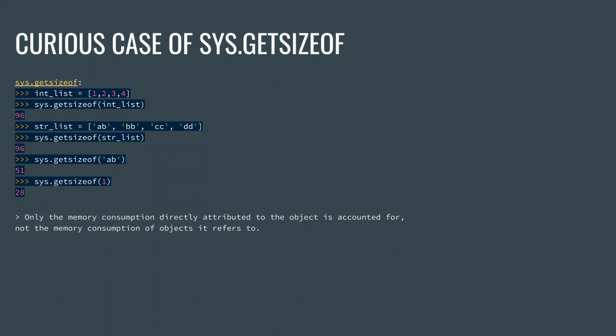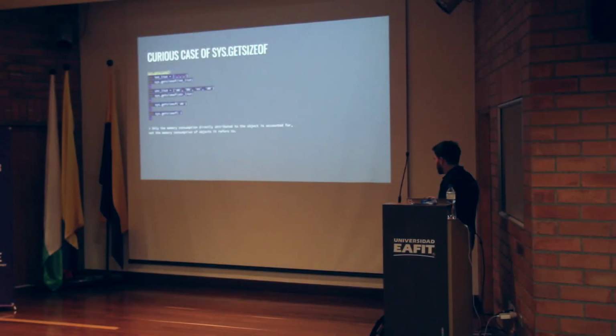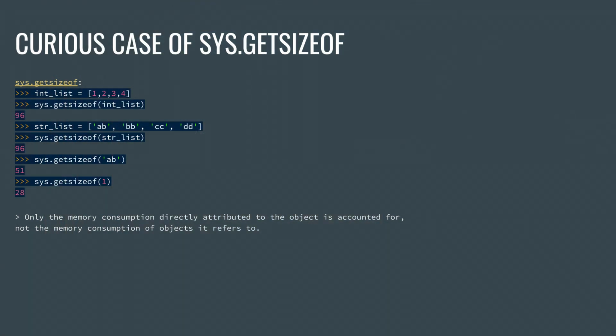It only contains pointers to those objects. So when you look at the list, you see only a list of pointers to different objects, and every pointer has the same size. I think it's 16 bytes. So only the memory consumption directly attributed to the object is accounted for, not the memory consumption of the objects it refers to.